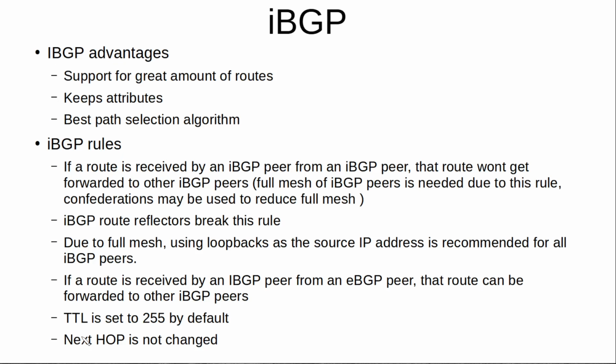Because if you run BGP on all your autonomous system, you will support a great amount of routes. OSPF and EIGRP cannot support as many routes as BGP can. You can keep your attributes, and you can still use the best path selection algorithm. And IBGP peers will follow a set of rules that are not the objective of the ENCOR exam.